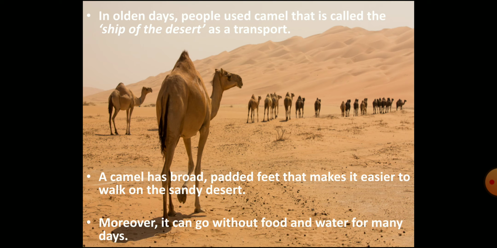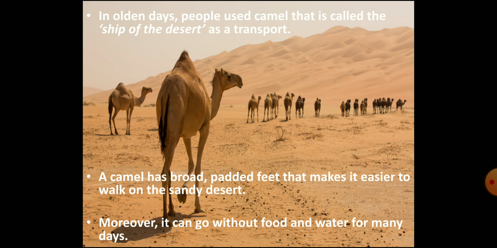A very obvious question that comes to our mind is, how did people travel through this vast desert? So children, in the olden days, people used camels to travel across the desert. In fact, you might know that the camel is called the ship of the desert. You know why? It is because of its physical advantages which help a camel to move in the desert easily.